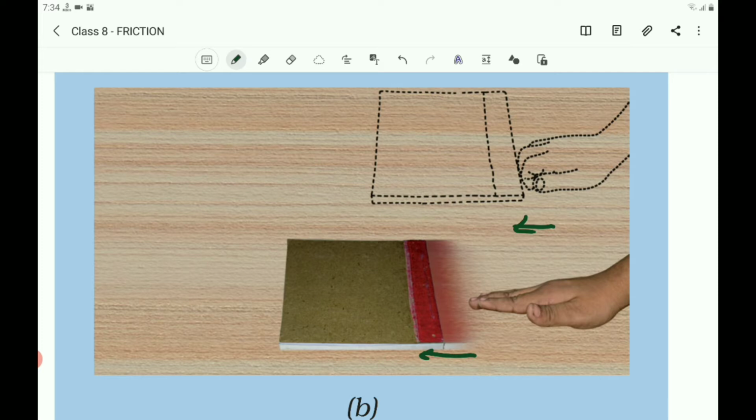Not only vehicles, any object moving over the surface of another object slows down when no external force is applied on it. Here, when the vehicles are moving on the road, there is a frictional force between the surface of the road and the vehicle's tire. And when the brakes are applied, the vehicle stops due to the frictional force.